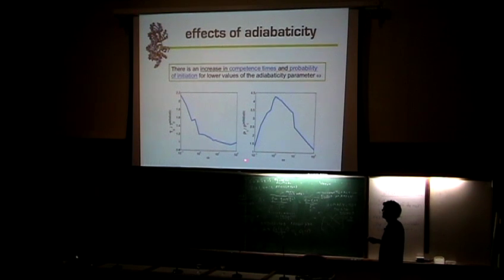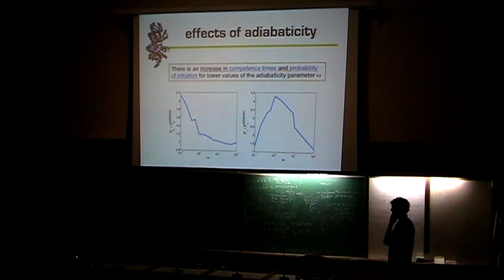So for smaller values of omega, you have the competence time growing, and also the probability of initiation grows. And it comes back down, and it's really small, slower than 1.